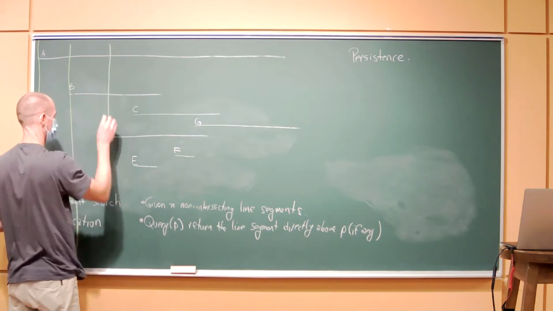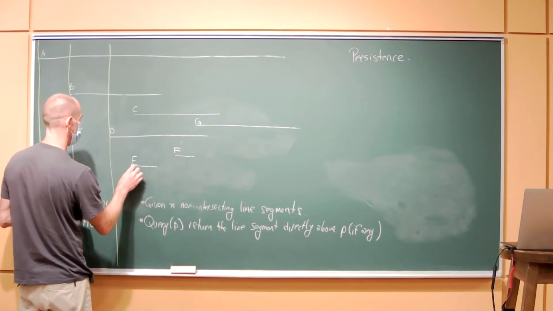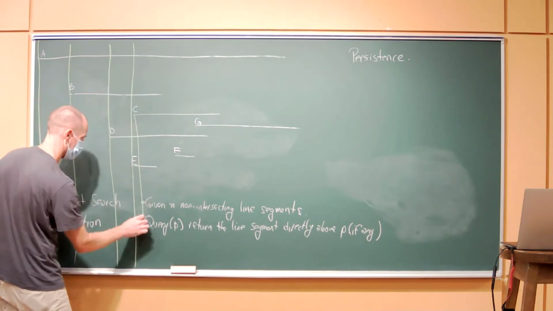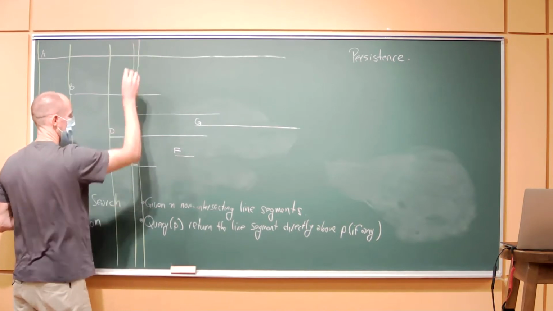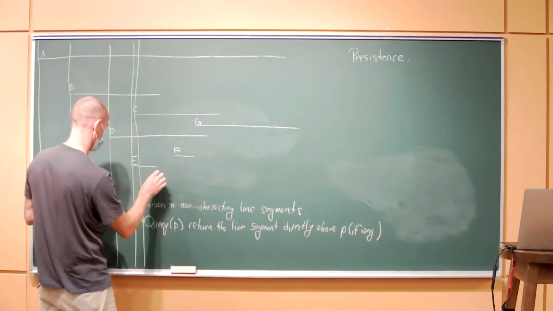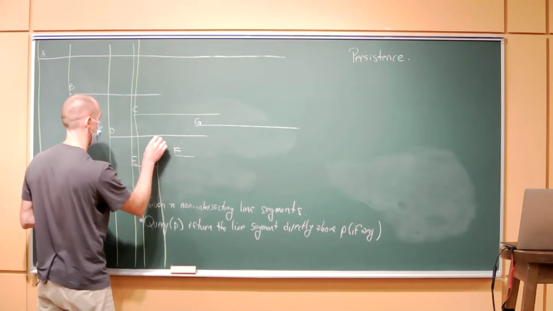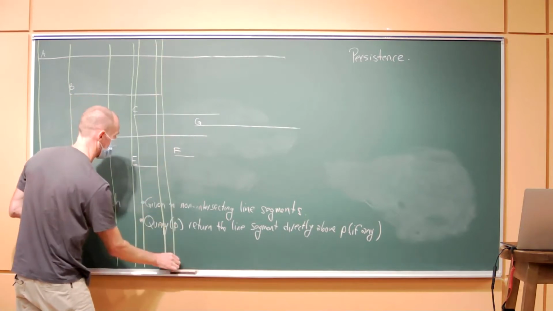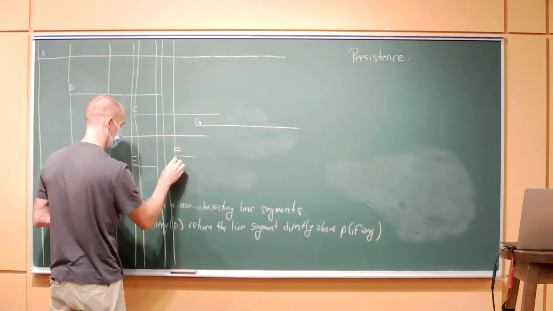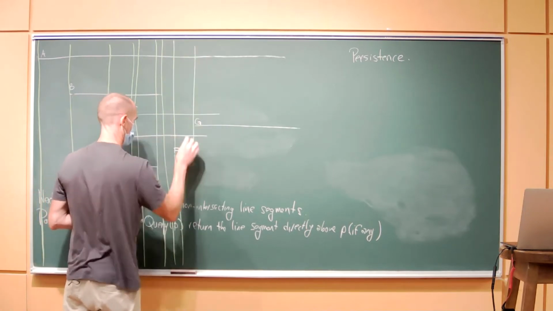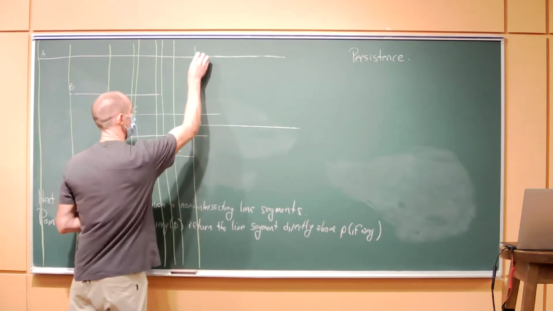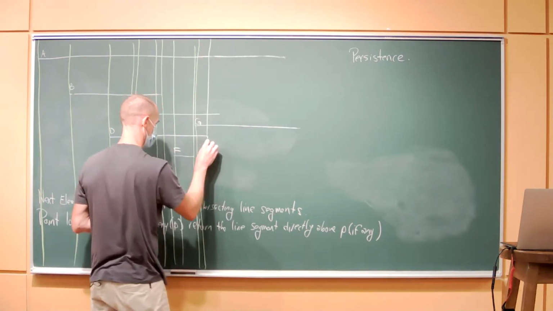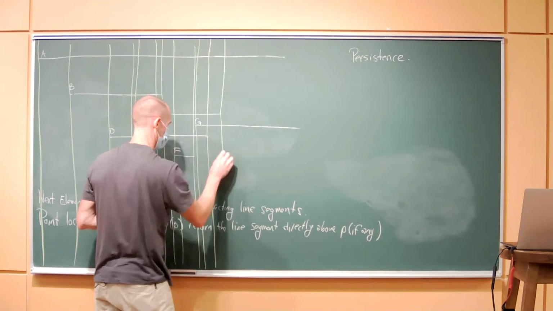D. Then E. It was close, but C comes next. Next is the right endpoint of E, the right endpoint of B, F, G, and then we finish up with these remaining right endpoints.